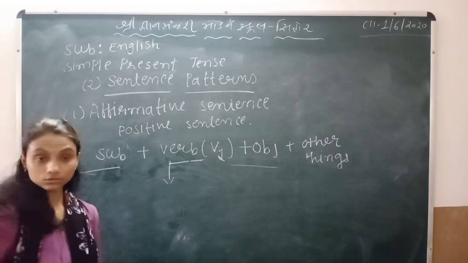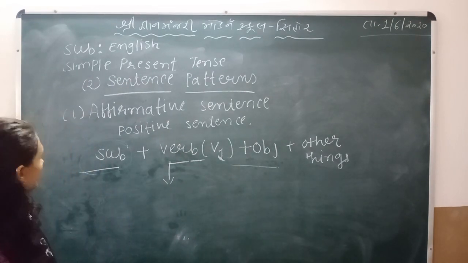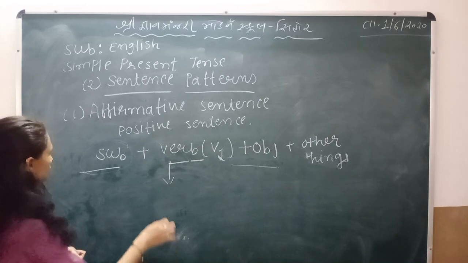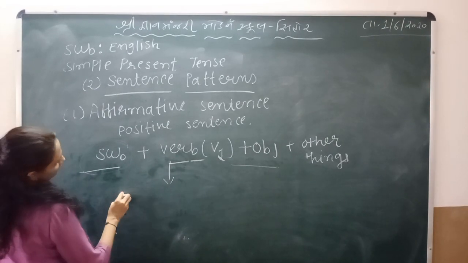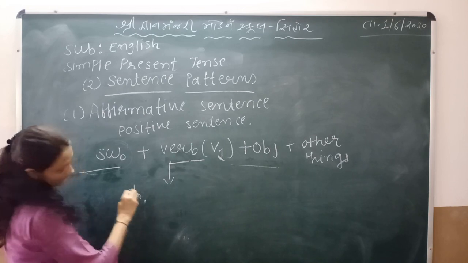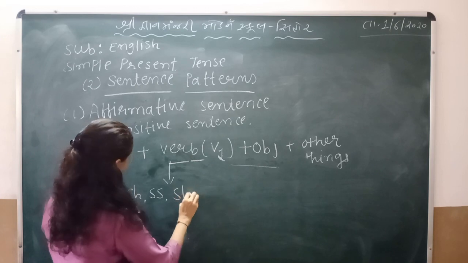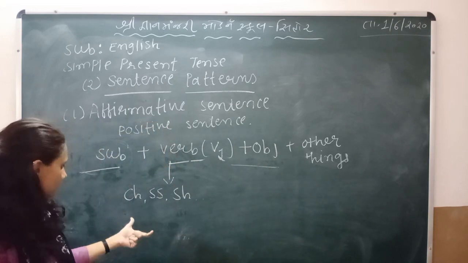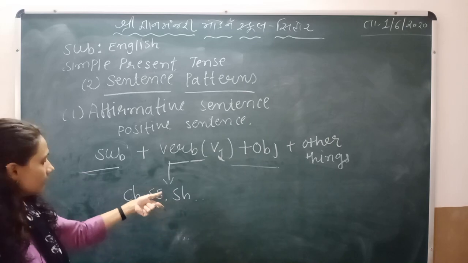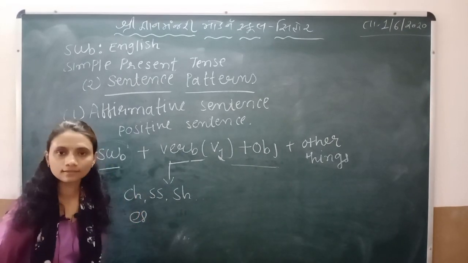So you must have a doubt about when to add s or es. If you find ch, double s, sh and so on, in that case you can use es.